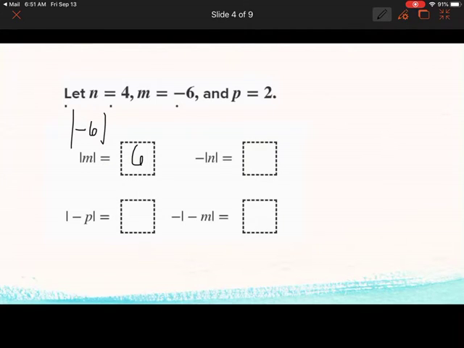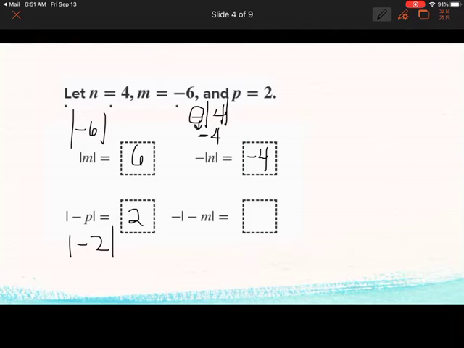Here is the negative of the absolute value of n. So the absolute value of n, if we take it out of the negative sign, is 4, but here's this negative on the outside that we have to bring down. So we bring that down, and our answer is actually -4. So absolute value of -p, so the absolute value, the distance away from 0 of -2 is 2.